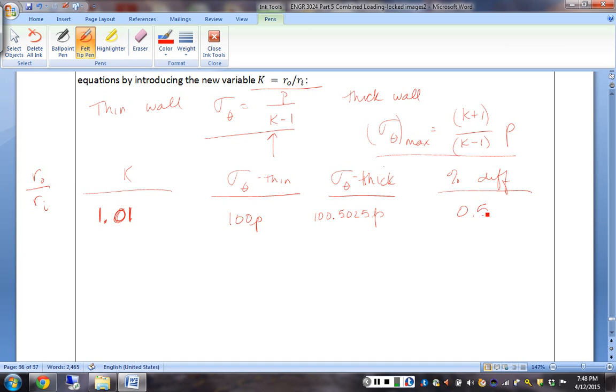That is, in fact, 0.5% difference between the two.